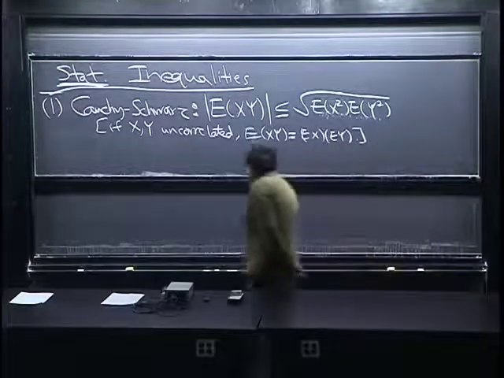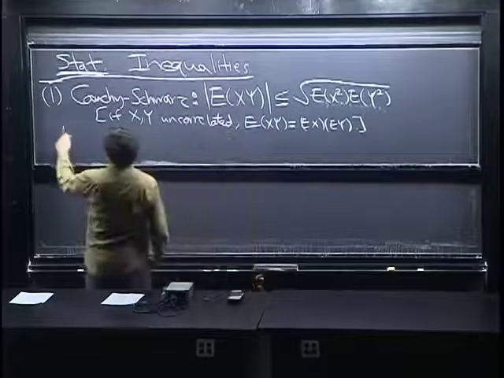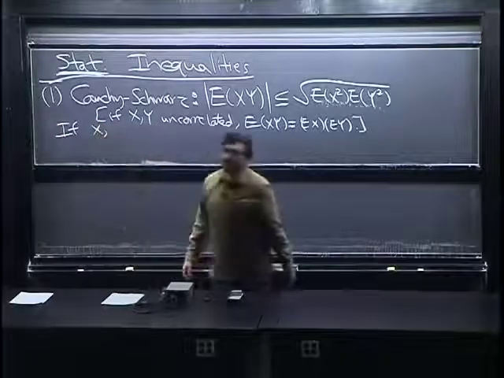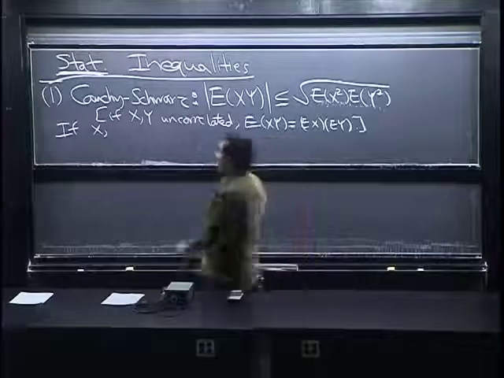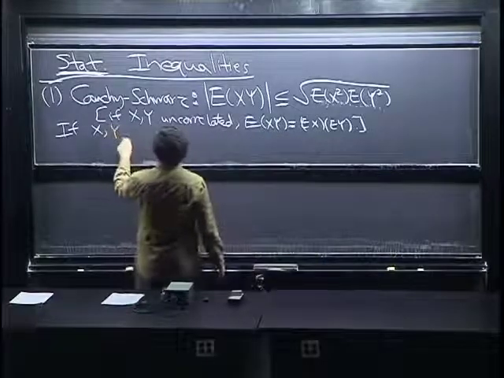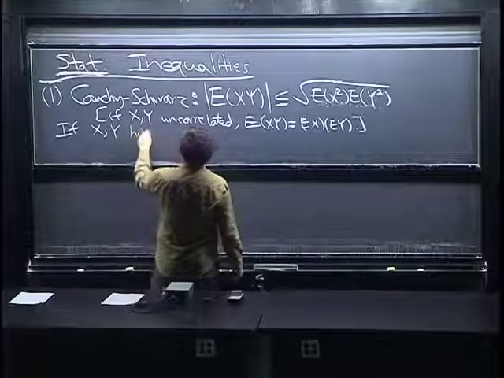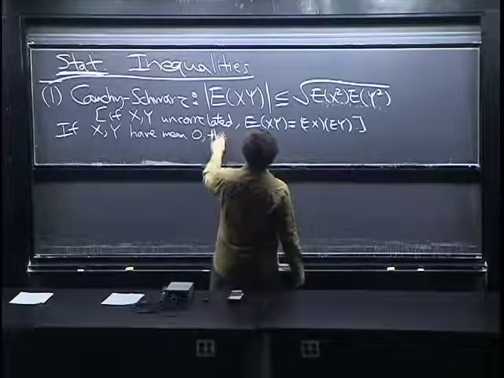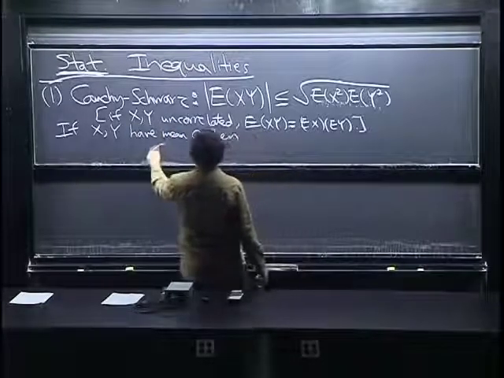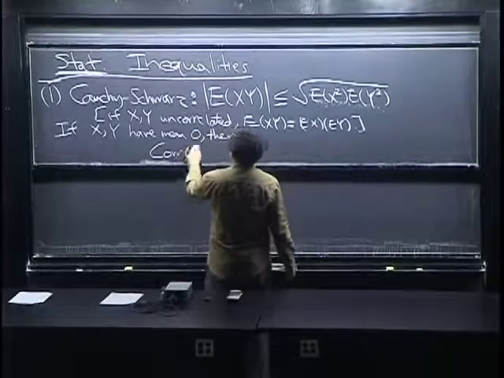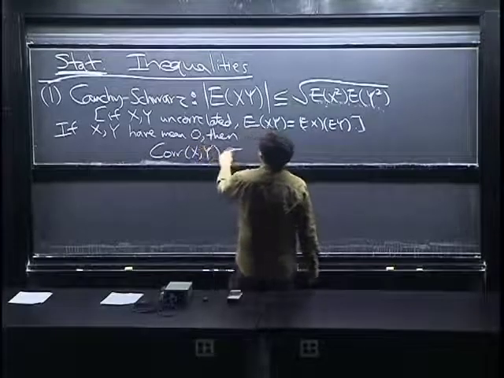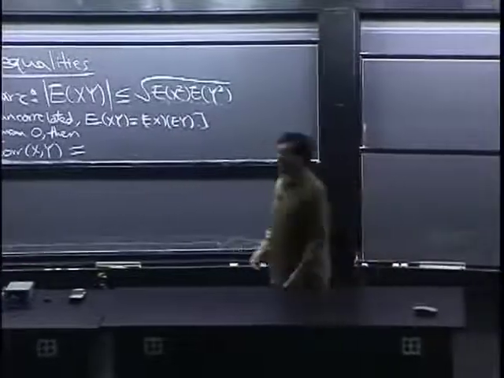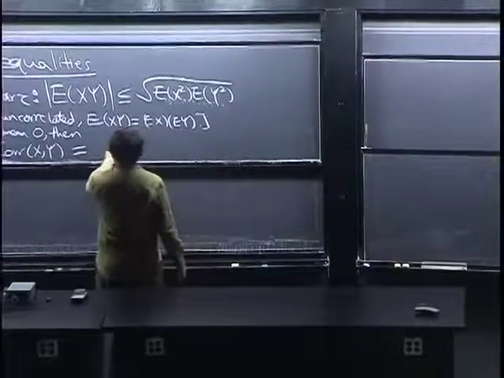Okay, and the statistical interpretation is easiest to see in the case where they have zero mean. This is the case we've talked about before, because if x and y have mean 0, then the correlation between x and y, well, in general, to get the correlation, we take the covariance divided by the product of standard deviations.